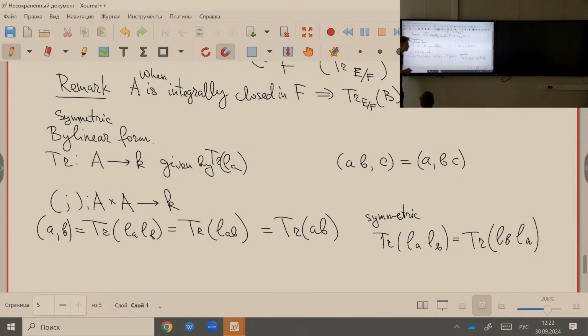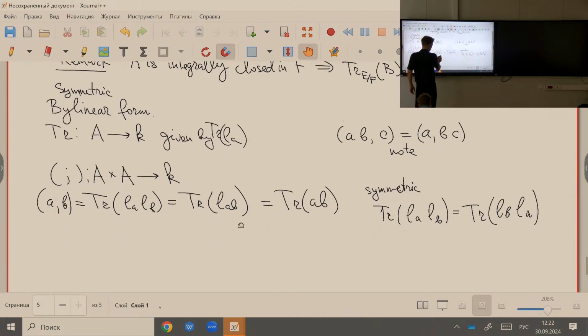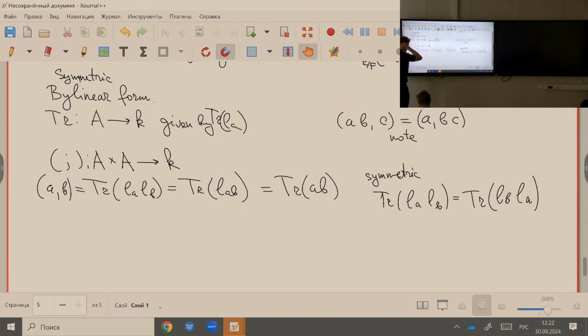This is why this form is sometimes called an invariant form, because it is consistent with multiplication. And this is important for non-commutative algebra to say, but if you are working over a field, the situation is even better.